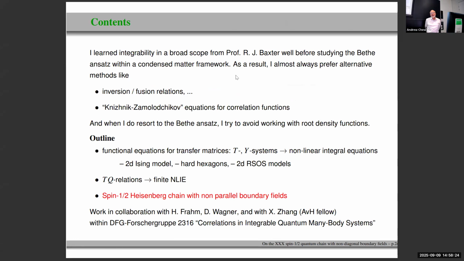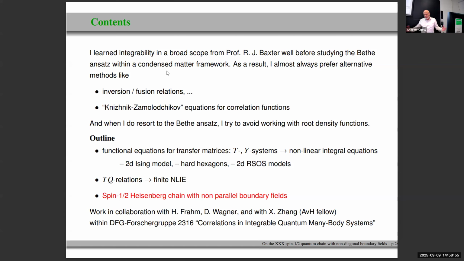Scientifically, I want to say that I learned everything about integrability from his book and his papers, in particular about the star-triangle equation as a sufficient condition for commutativity of transfer matrices, but also other methods which go well beyond just Bethe ansatz in the condensed matter framework.